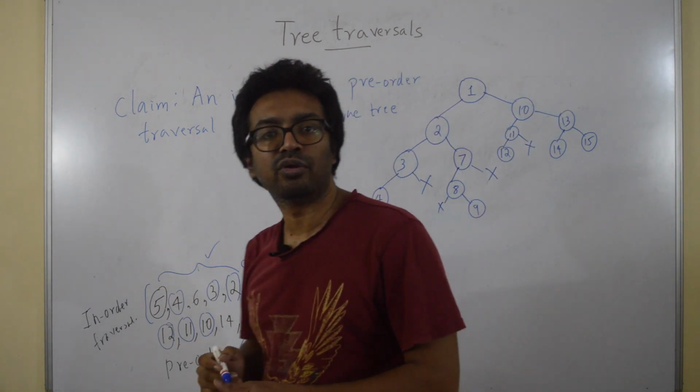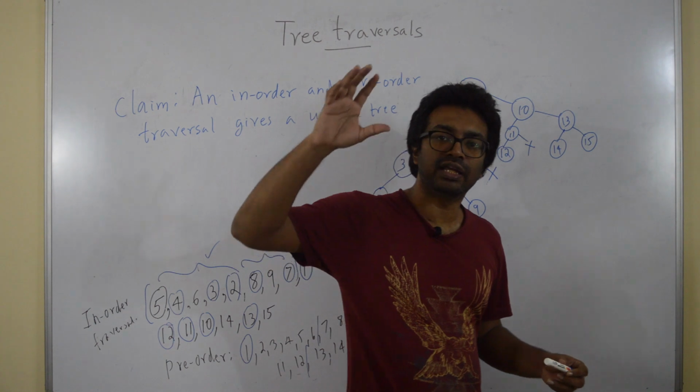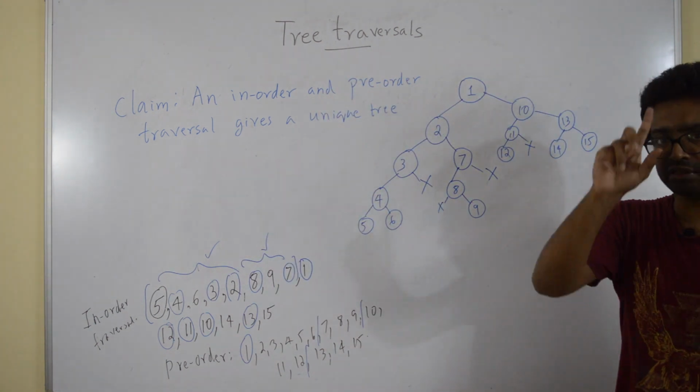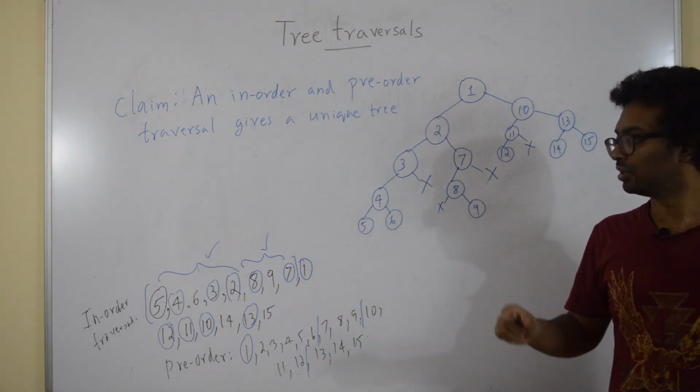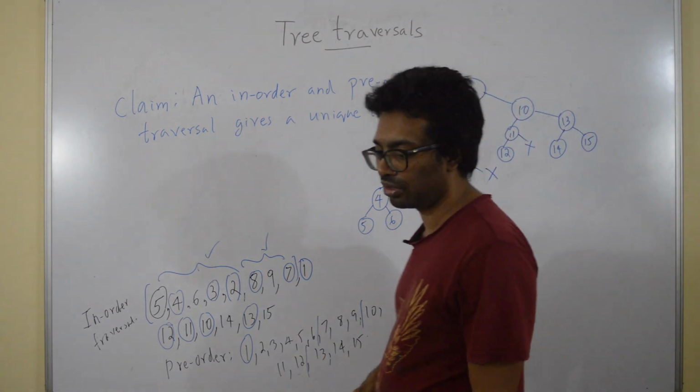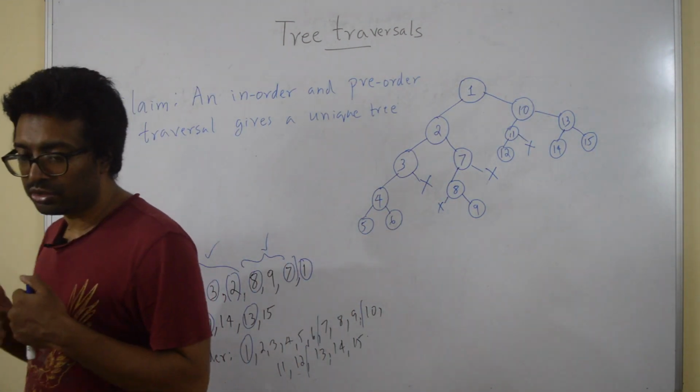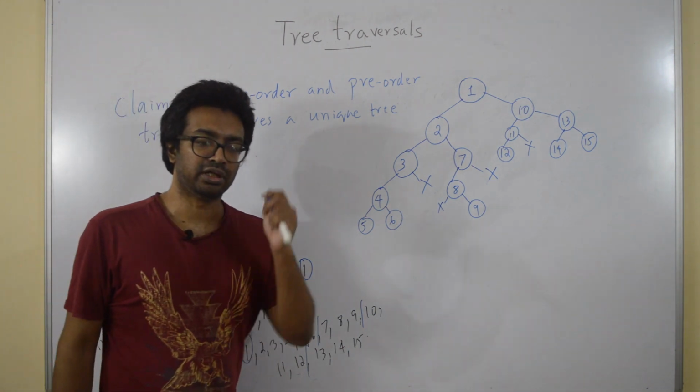If you give me an in-order traversal and a pre-order traversal, I can build a tree, and it's a unique tree, exactly one tree I can build given an in-order traversal and a pre-order traversal. The two traversals fix the tree exactly how it should be.